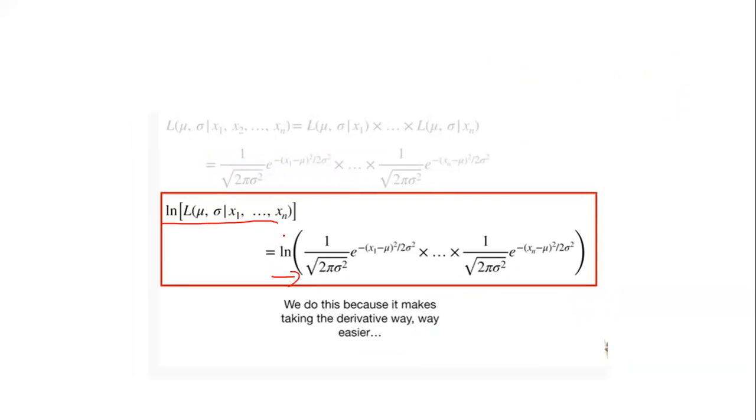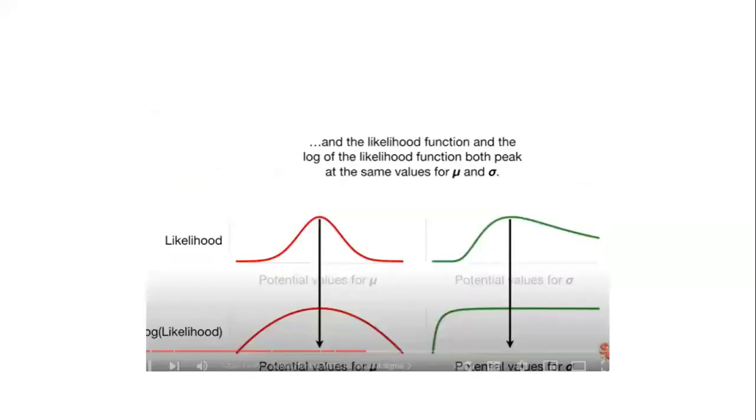One reason is that mathematically the equation becomes simpler to take the derivative. But by taking the log, the characteristics of the equation do not change, because the maximum likelihood of the equation before taking log and after taking log will be the same for both mu and sigma.